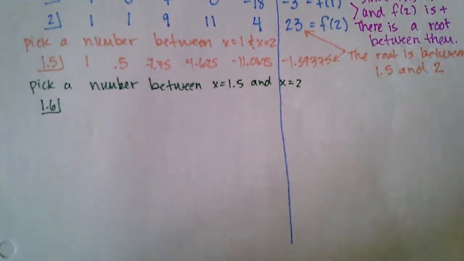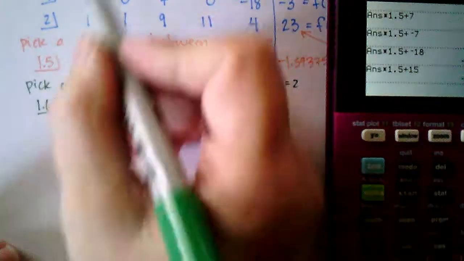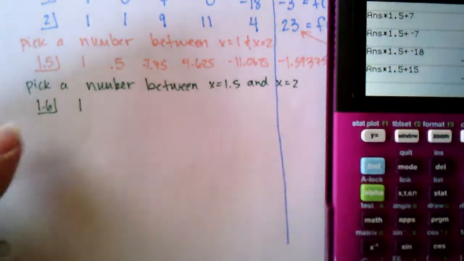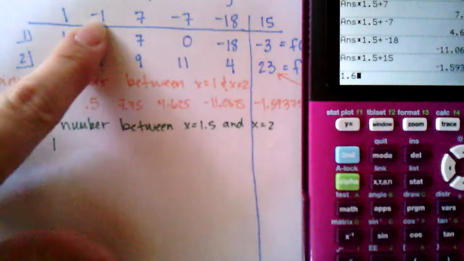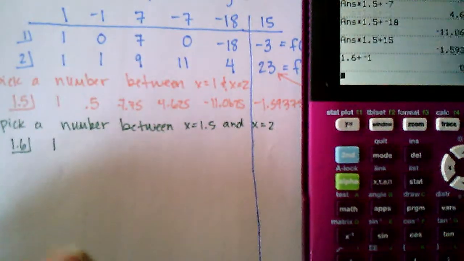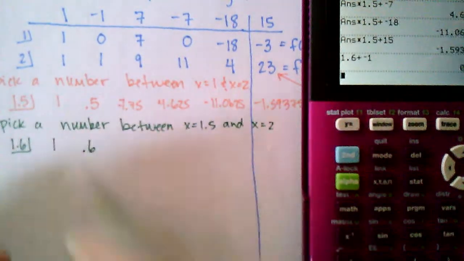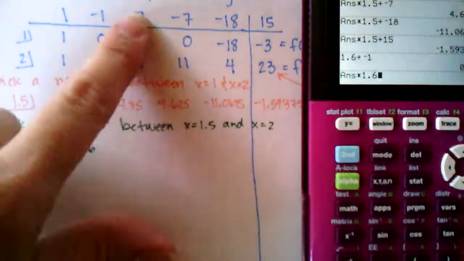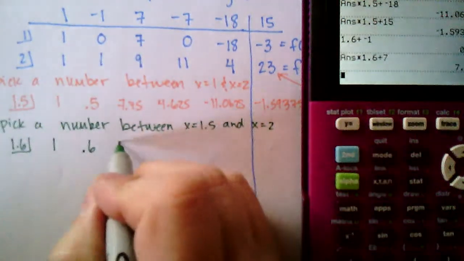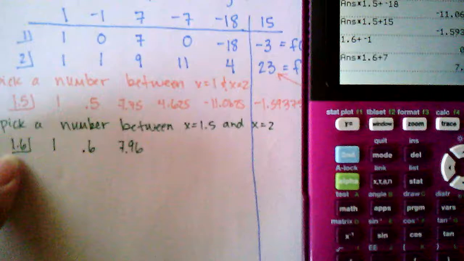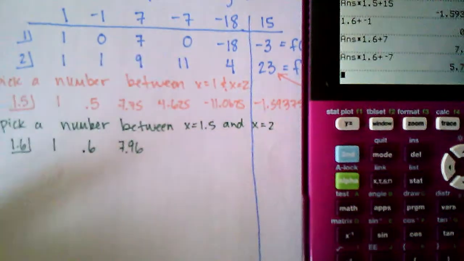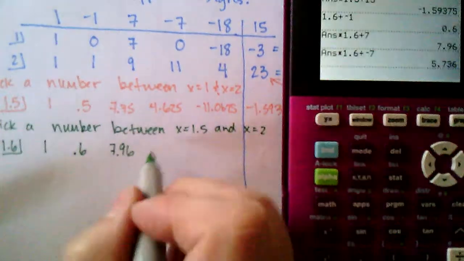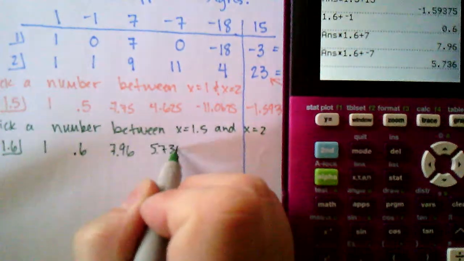See where we go. So if I pick 1.6, the 1 drops down. And then I do 1 times 1.6, which is 1.6. Add it to negative 1, I get 0.6. And then times 1.6, add it to 7, 7.96. Times 1.6, add it to negative 7, 5.736.